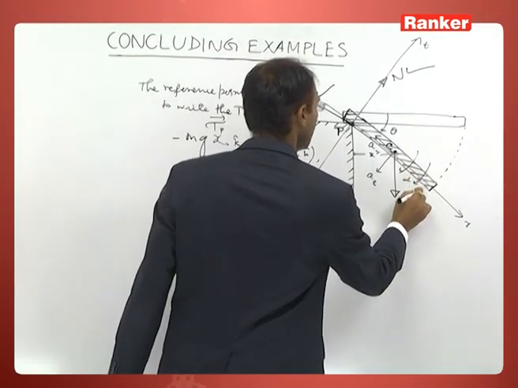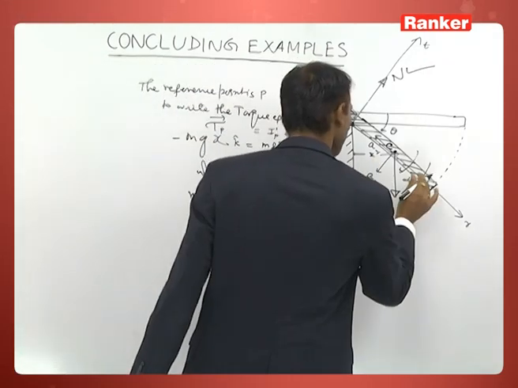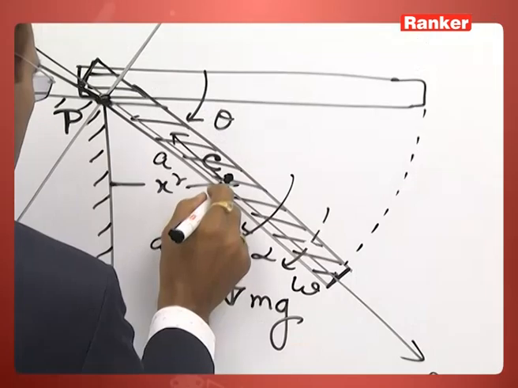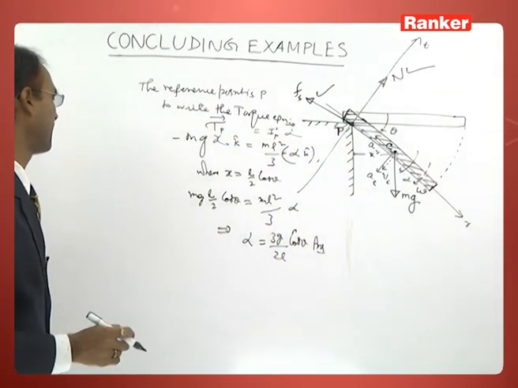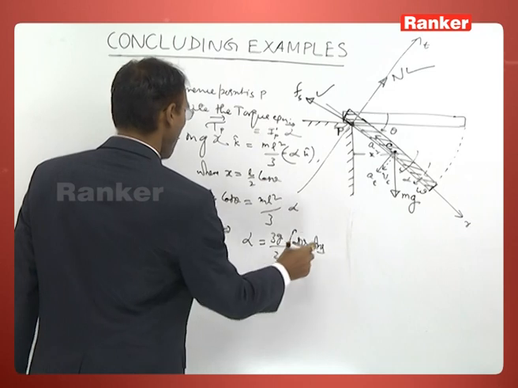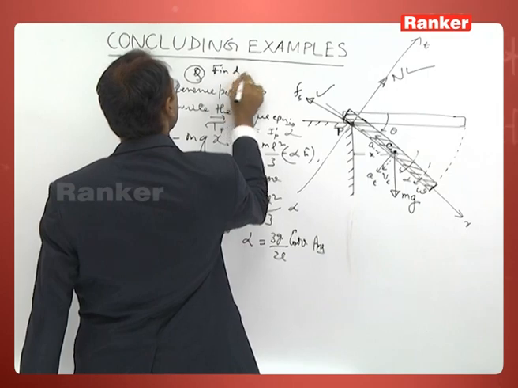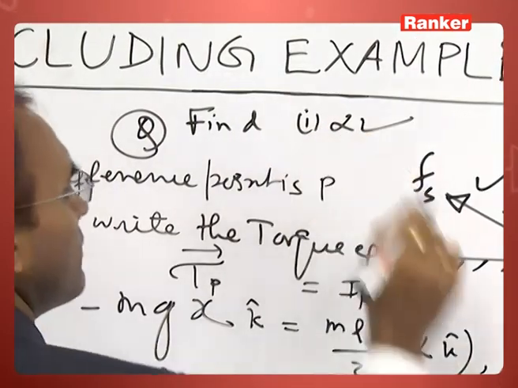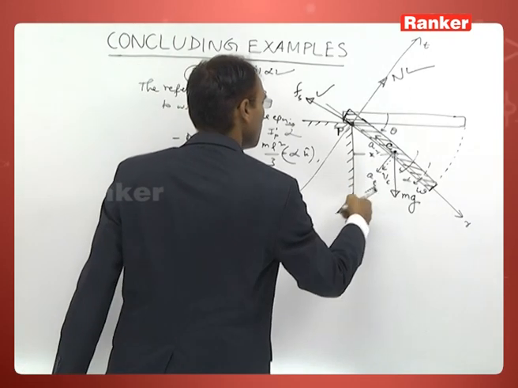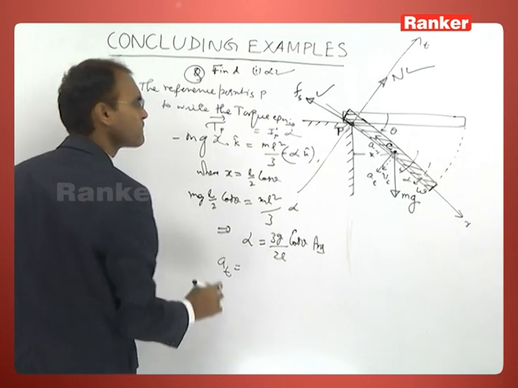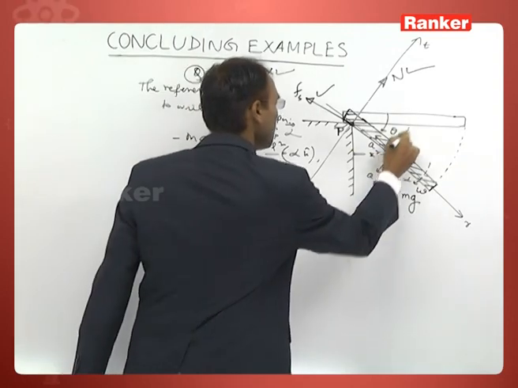Let us assume that its angular velocity is omega, and linear velocity, let be Vc. Once you get alpha, the acceleration of the center of mass in tangential direction, that is at, can be written as r into alpha. What is r?